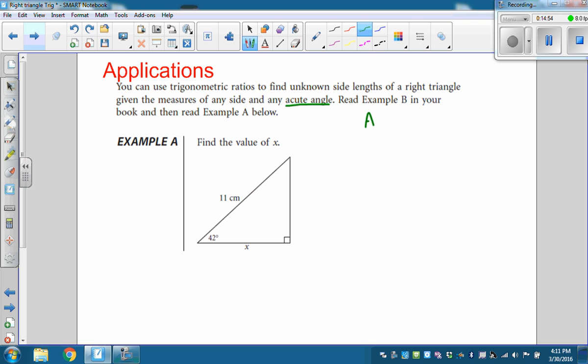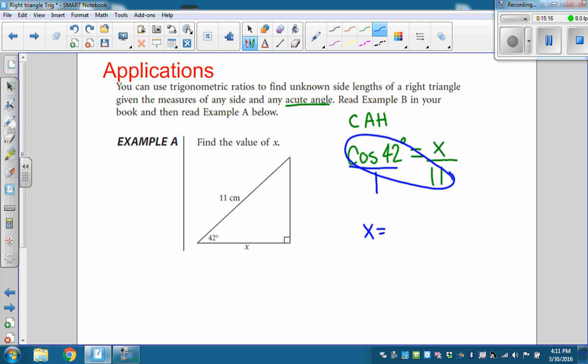Adjacent and hypotenuse is cosine. So I will set up a true statement that says the cosine of 42 degrees is equal to the adjacent side over the hypotenuse. Then I turn this into a ratio and proportion, cross multiply, and divide by the leftover.